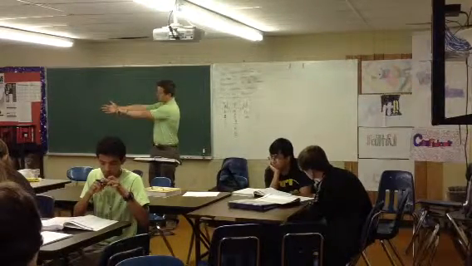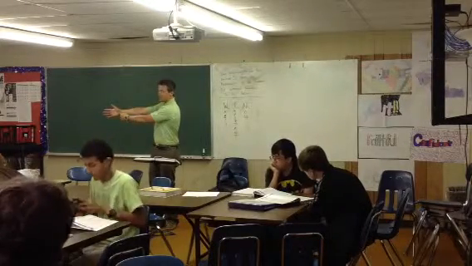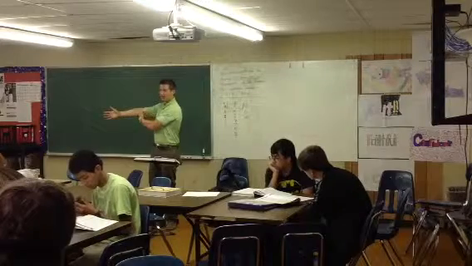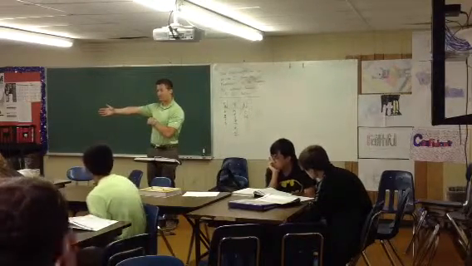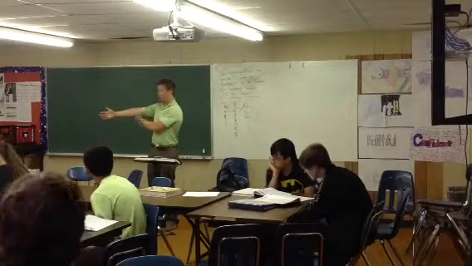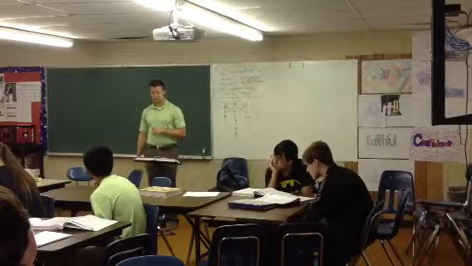So if I was comparing my wrist to my elbow, you could say my wrist is distal to my elbow because it's further away. Okay? Make sense? Your elbow would be proximal to the wrist. It's closer to the middle of the body.